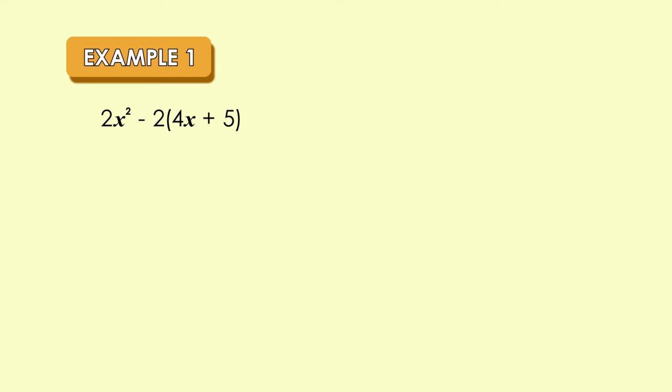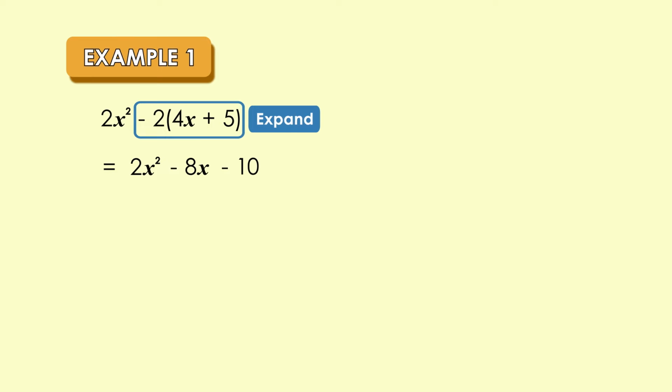We can see that in this example, we can expand 2 multiplied by (4x + 5). Here, we will write 2x² minus 2 multiplied by 4x, which is 8x, and minus 2 multiplied by 5, which is 10.